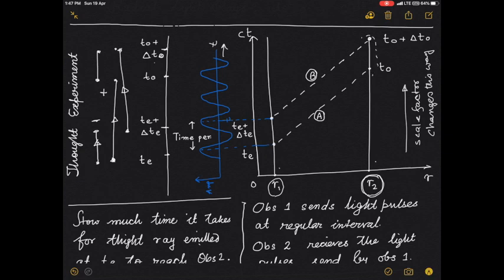Which means the scale factor here, when observer 2 receives the signal, is different than the scale factor here.